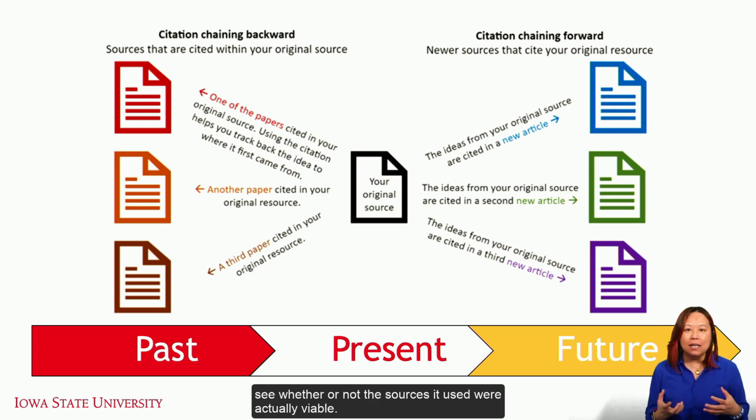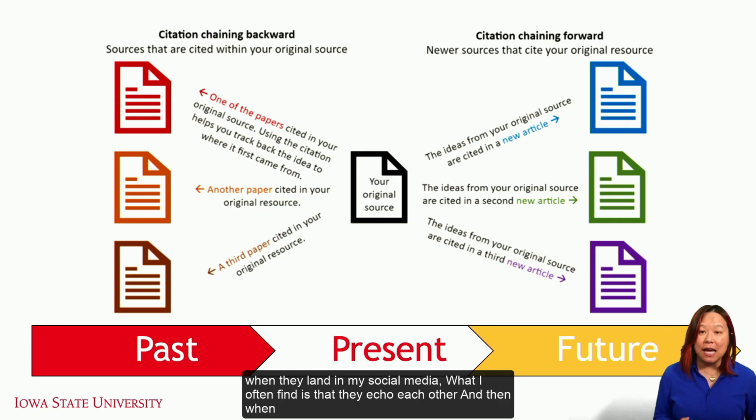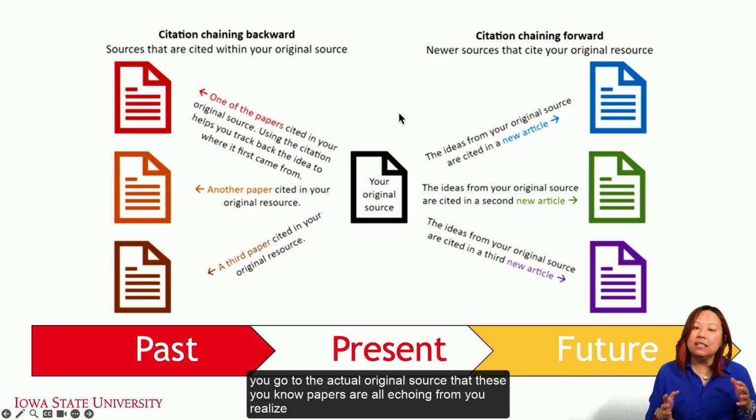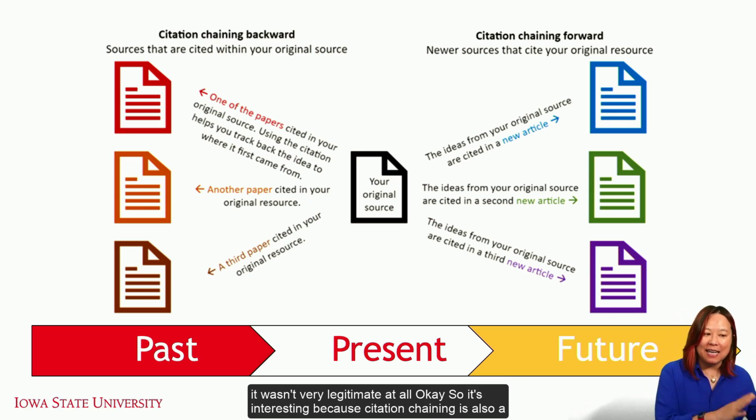Okay, so it's interesting because citation chaining is also a way of evaluating the viability and trustworthiness of the information that you're trying to find. Now, citation chaining forward will also help you in determining what we think about whatever concept it is now.